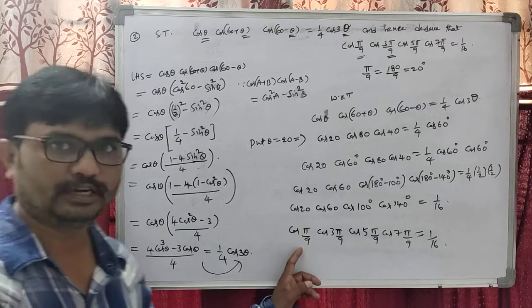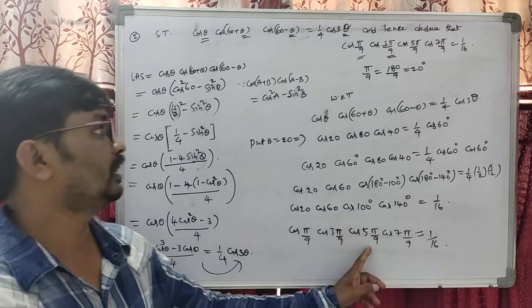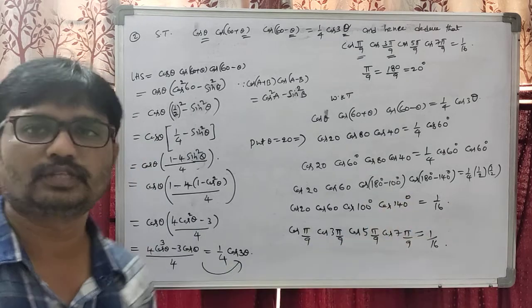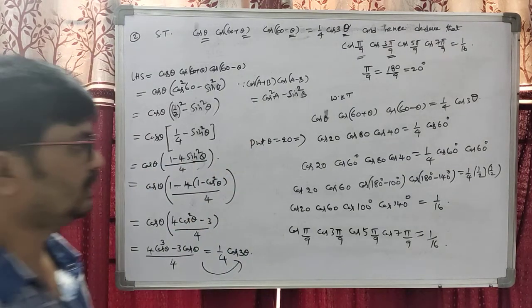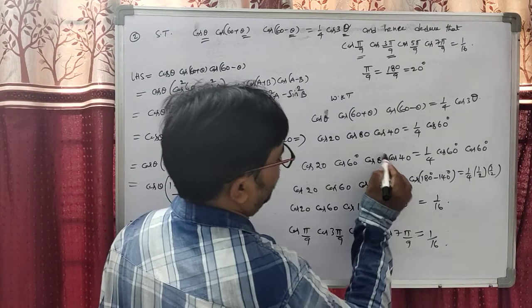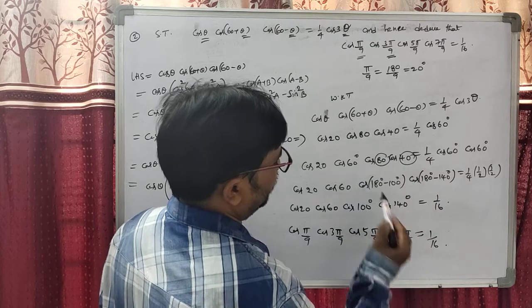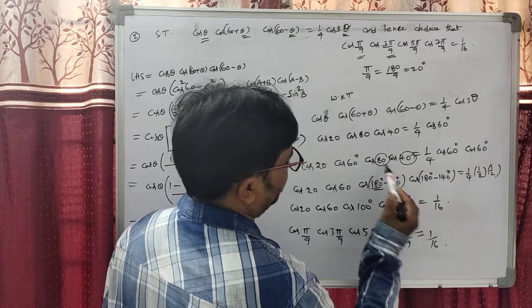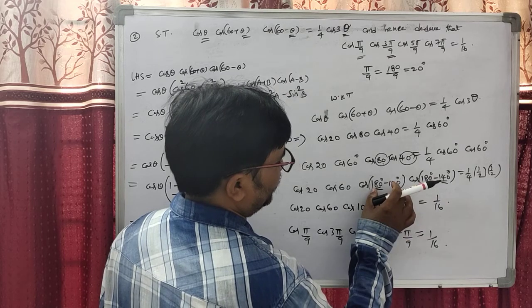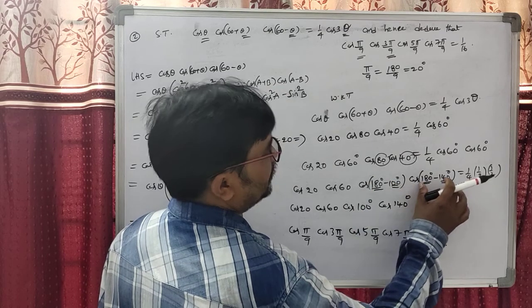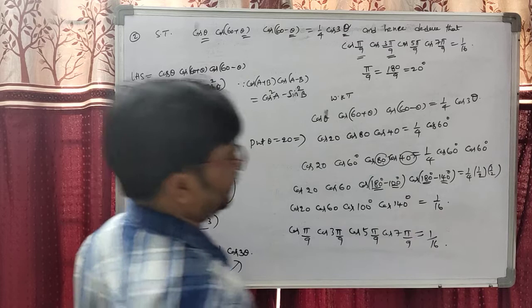Cos 20, cos 60, cos 100, cos 140 equals 1 by 16. You can just change to 80 and 40: 180 minus 100 is 80, 180 minus 140 is 40. Cos of 180 minus theta is minus cos theta, and minus into minus is plus.